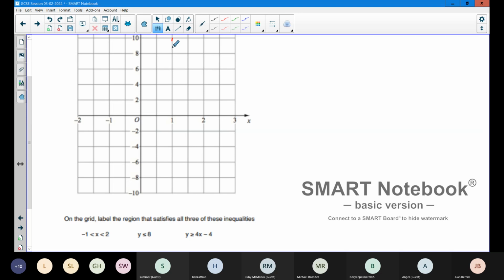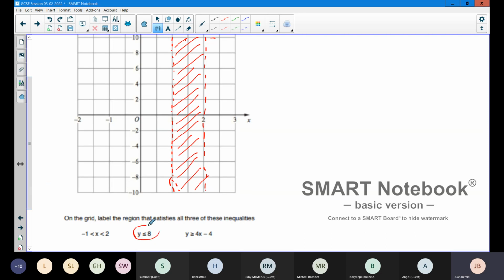So -1 and 2 are never included, but in between. So we're shading something that is in between. I'll do this one quickly so you get the idea.